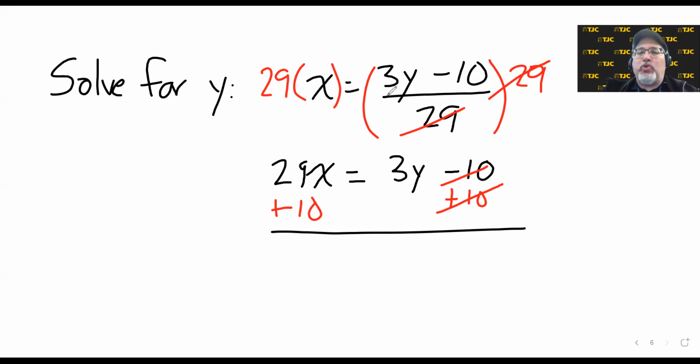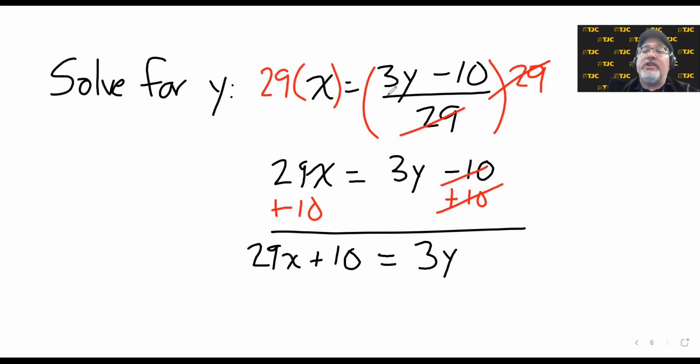On the left side, I have 29x plus 10. If your brain's trying to say 39, shut that down, because those are not like terms. The 29 is counting how many x's I have, the 10 is not. The best I can do on the left side is to write 29x plus 10. If you're trying to add unlike terms, you can't. Just leave them alone. On the right side, we still have 3y.